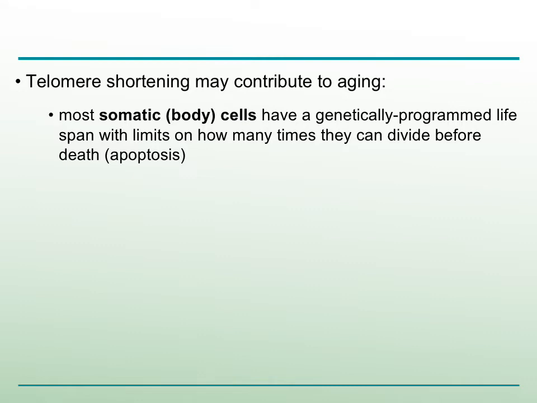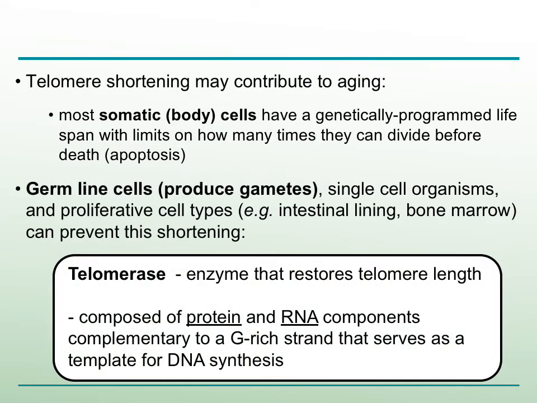Other cells, such as the germline cells that will produce gametes, cells that need to proliferate, generate new cells over and over again in the lifetime of the organism, like the cells that line our intestine, like the cells that give rise to all of the blood cells, have a particular process that prevents the shortening of telomeres.